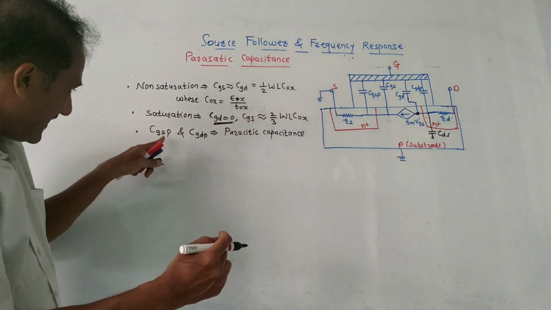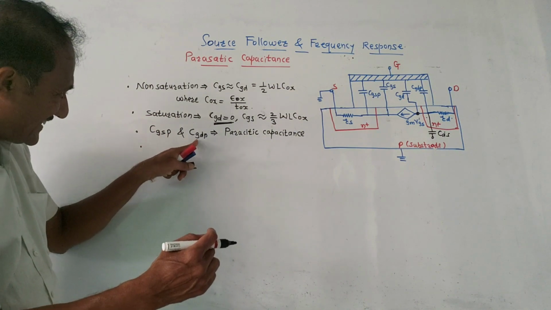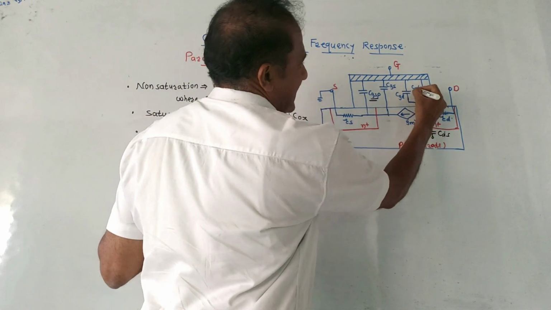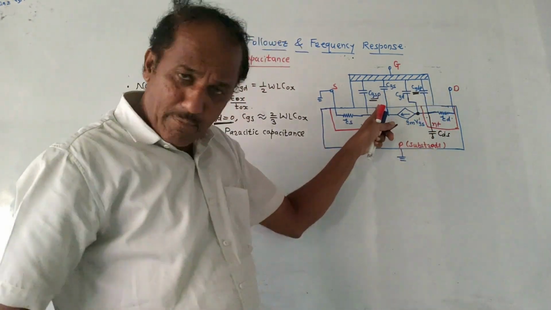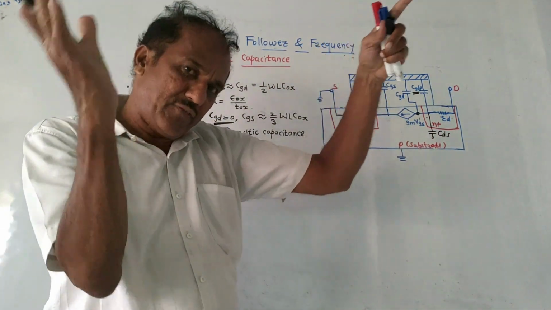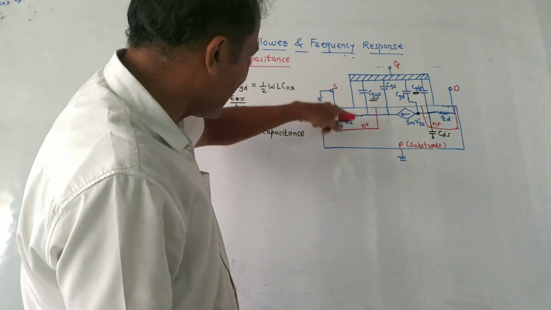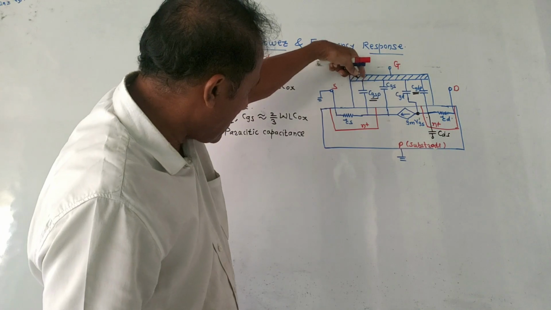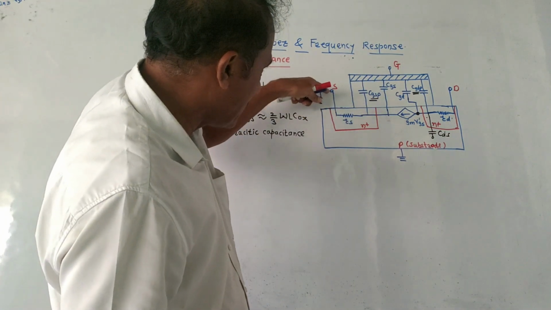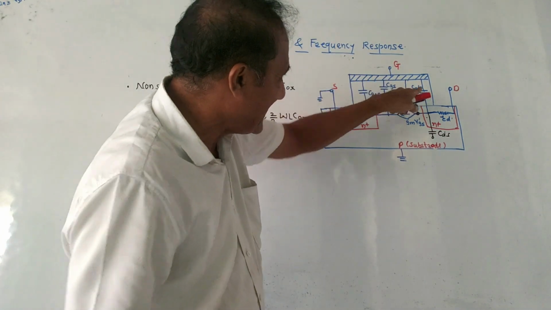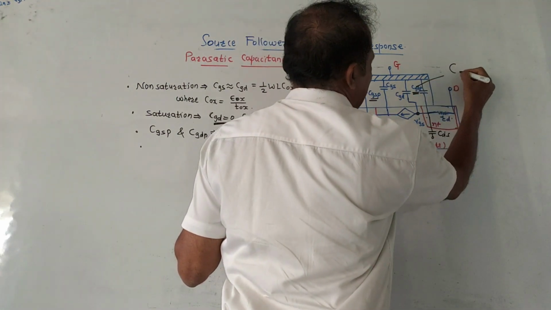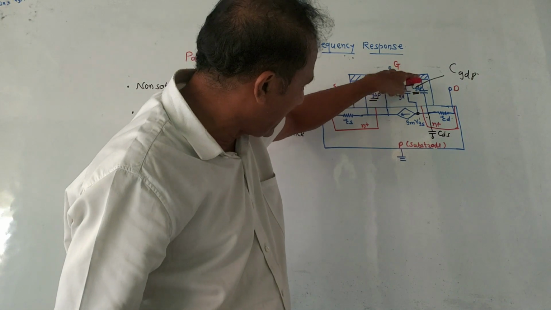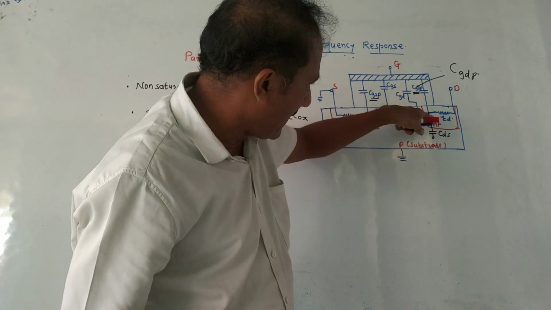Now CGSP and CGDP. Look at this diagram. Wherever there is a P notation, it is referred to as parasitic capacitance. Look at the connection. This is the capacitance from the gate terminal to the source terminal, while CGDP is the capacitance connected between gate and drain terminal.